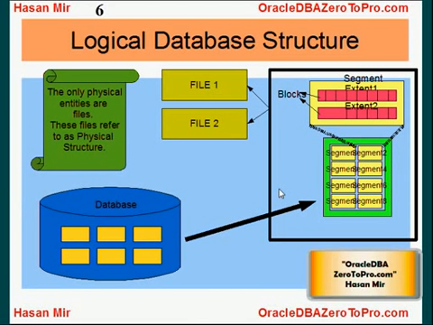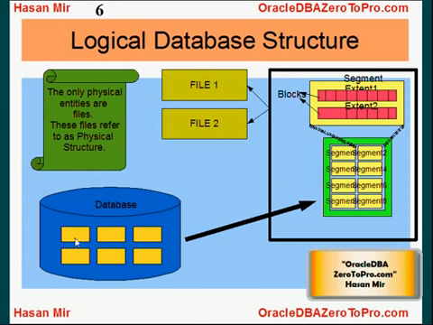The only physical entities are files, and these files are referred to as physical structure, which we will talk about later. That physical structure does not only include database files, it also includes some other log files, etc. But the point here is everything eventually ends up in a file.